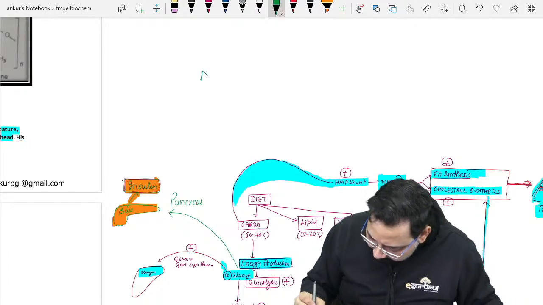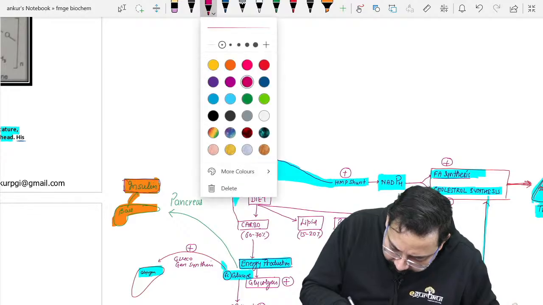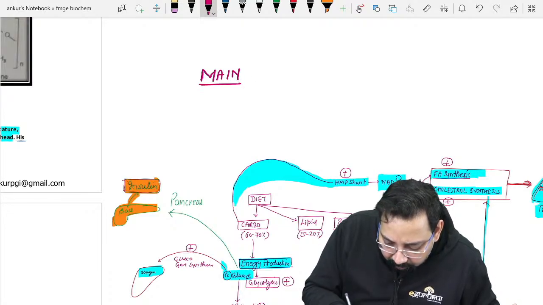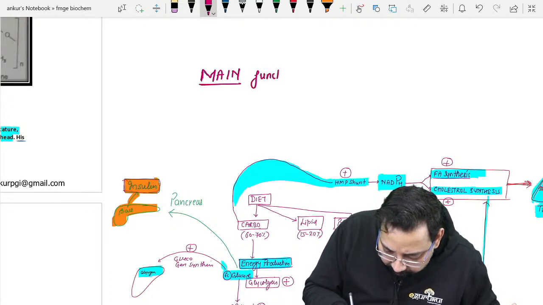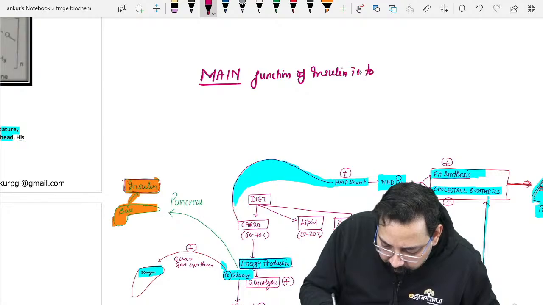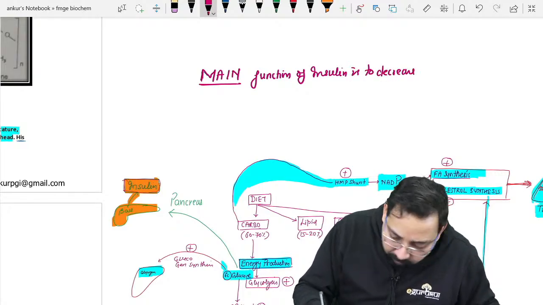Which color have I taken? Red color. So I take red color. Main function of insulin is to decrease blood glucose.